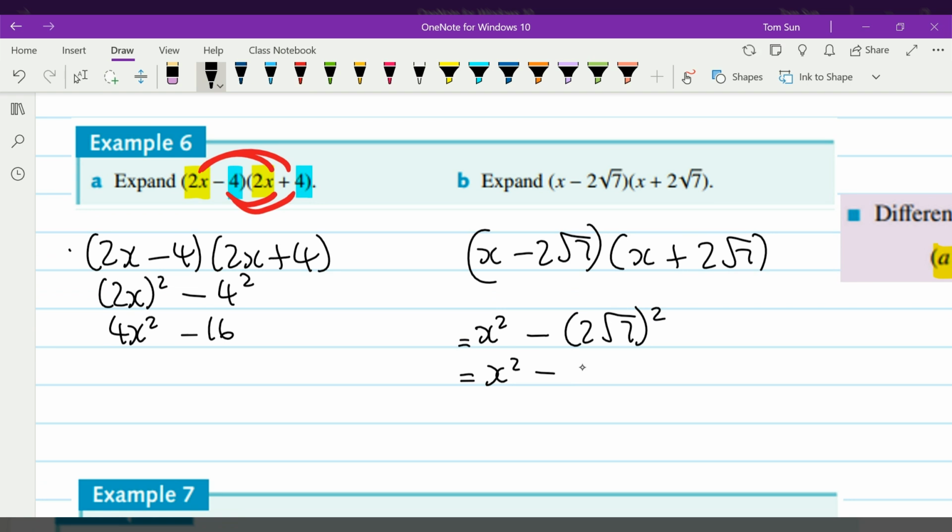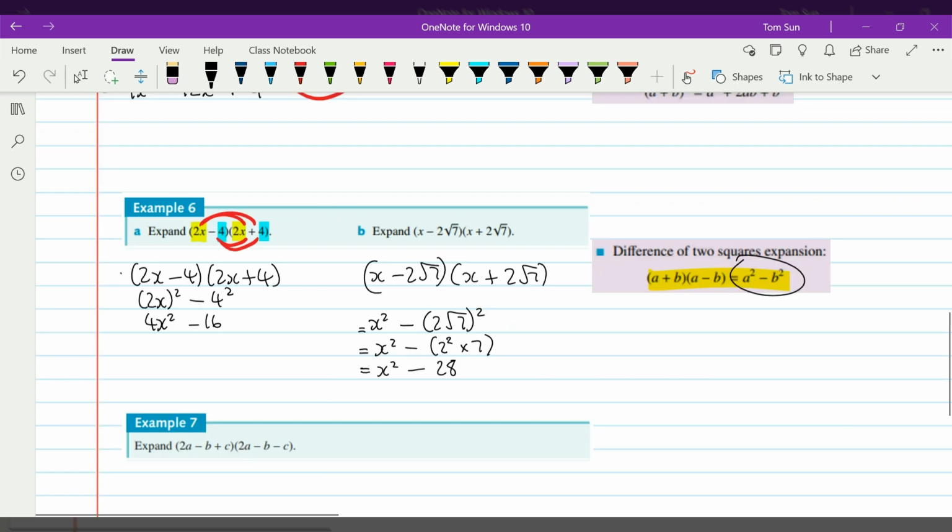So what we actually have here is 2 squared times 7, and this just turns into x squared minus 4 times 7, which is 28. All it is, done.